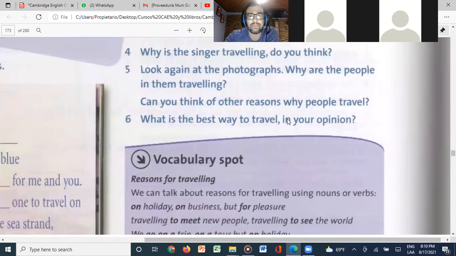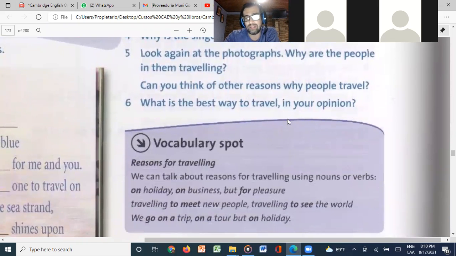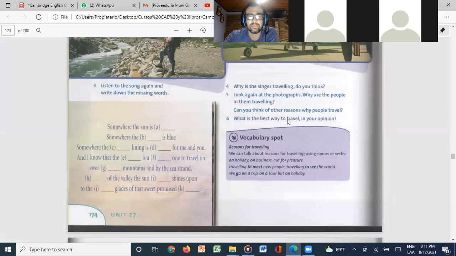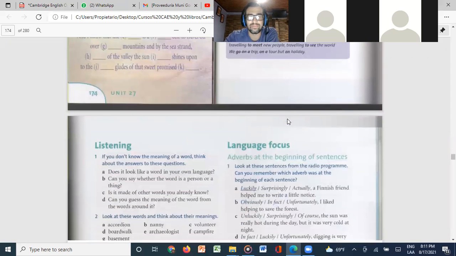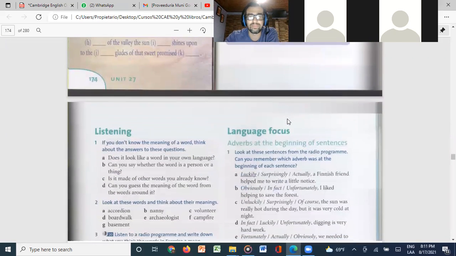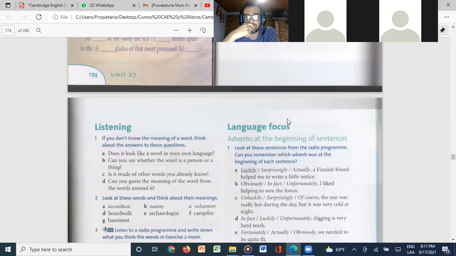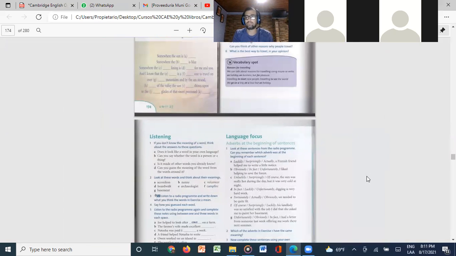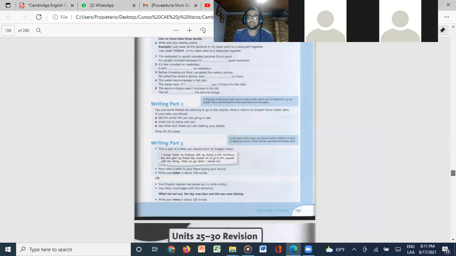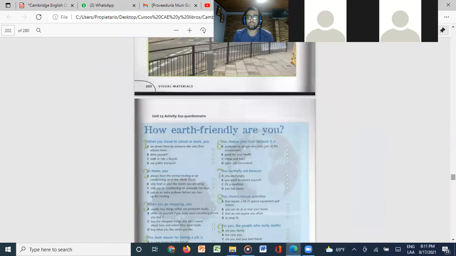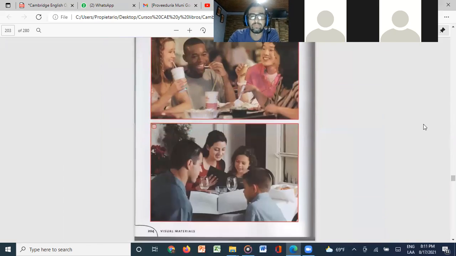What is the best way to travel in your opinion? I think it depends on the kind of travel. In my case, the car is the best way to travel. The car gives me facilities, it's comfortable.